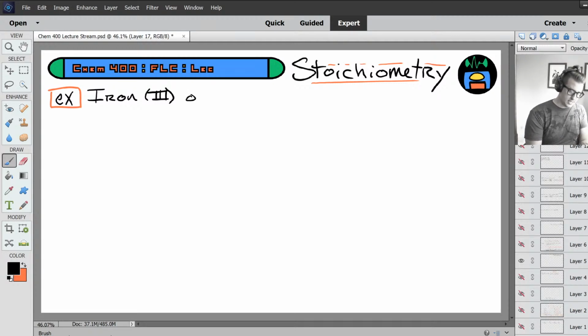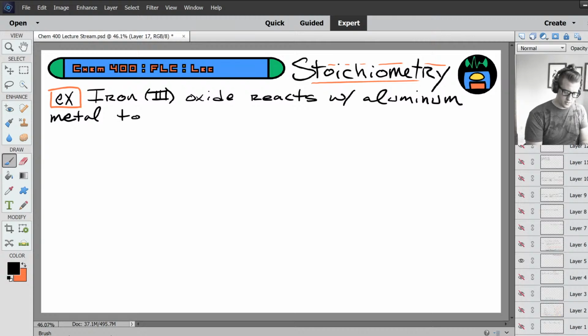Iron 3 oxide reacts with aluminum metal to produce aluminum oxide and iron metal.